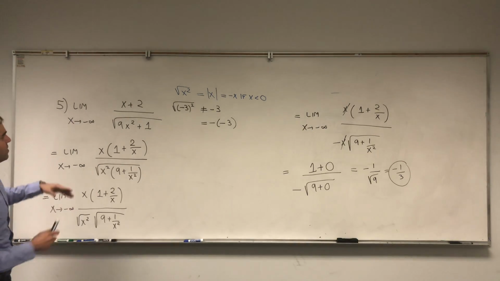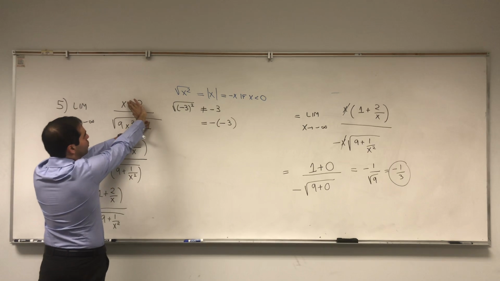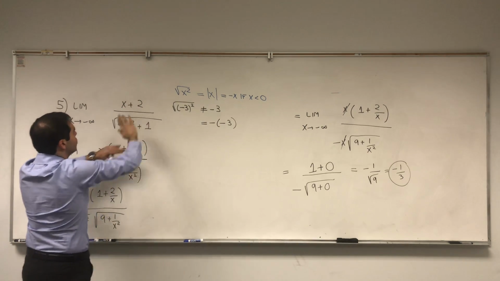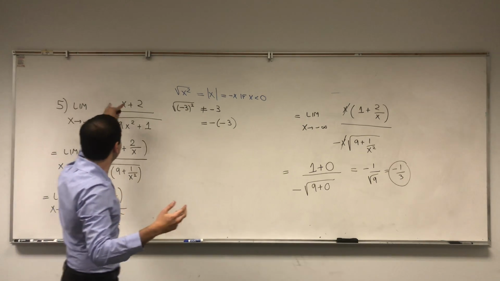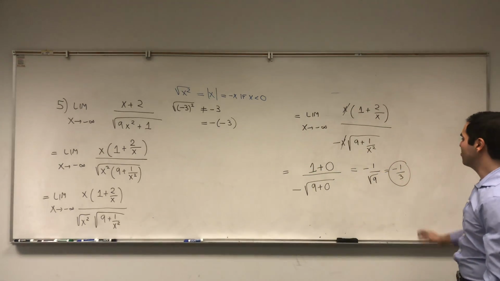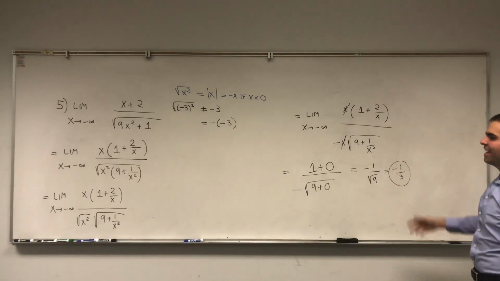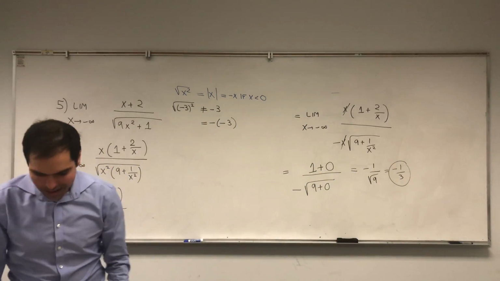Which again makes sense. If you ignore this 2, you get x, and if you ignore this 1, it becomes square root of 9x squared, which kind of becomes 3 times something, and then x over absolute value of x in this case is minus 1, so that's why it should be negative. Negative 1/3.